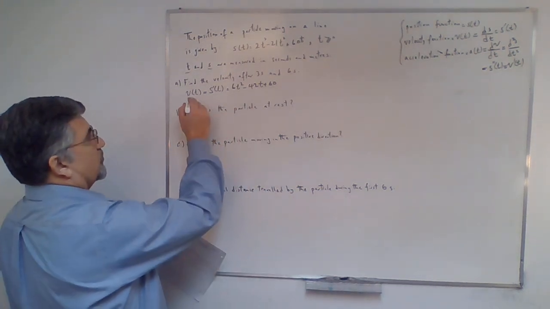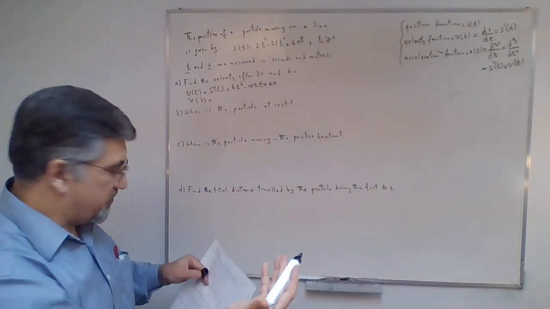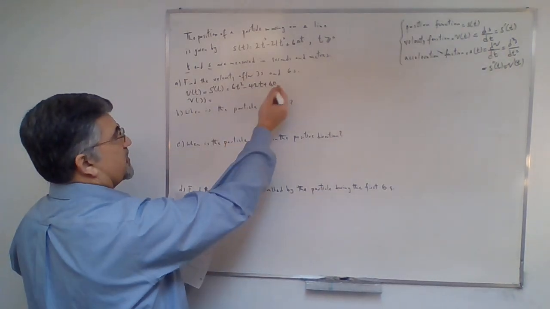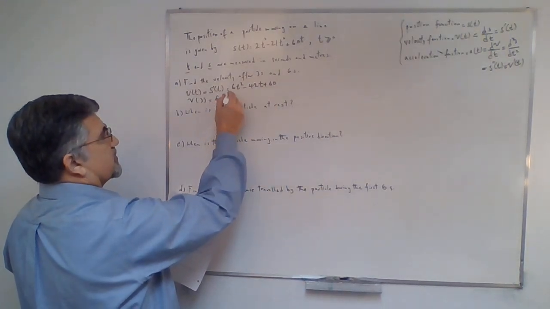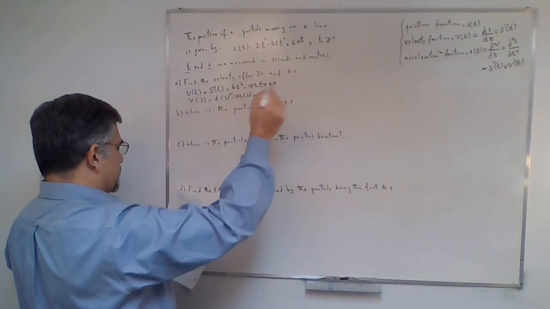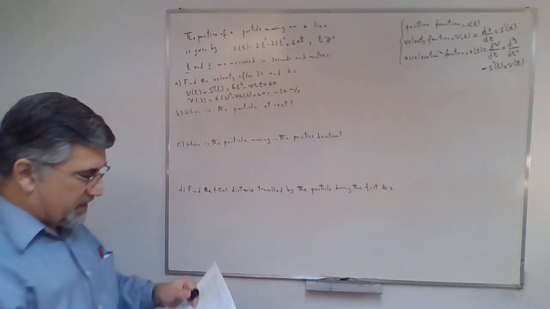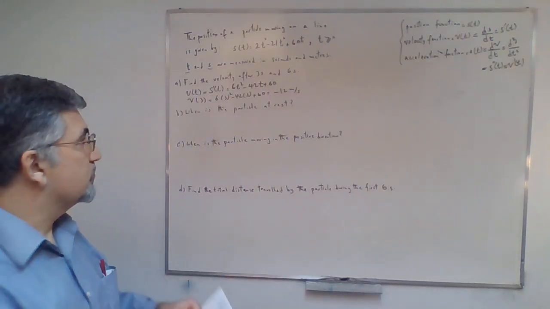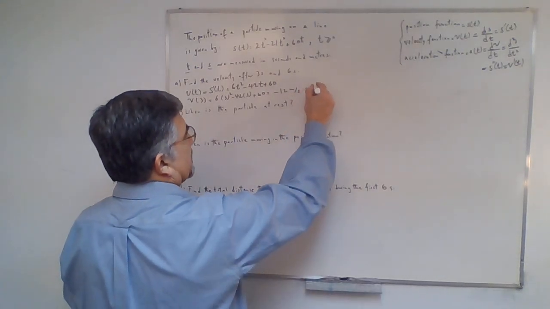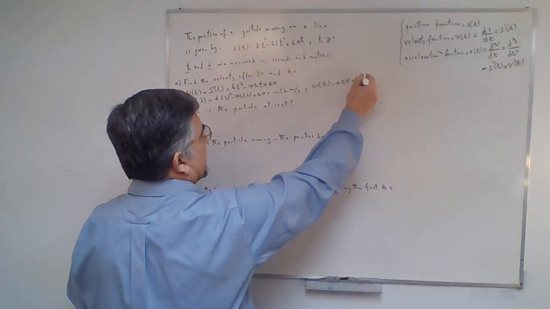Now, if you want to find velocity after 3 seconds, simply you plug in 3. So it's going to be 6 times 3 squared minus 42 times 3 plus 60. And if you do the math, you get negative 12 meters per second. And if you plug in 6, you end up with positive 24 meters per second.